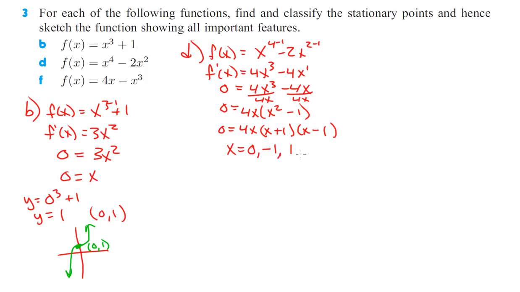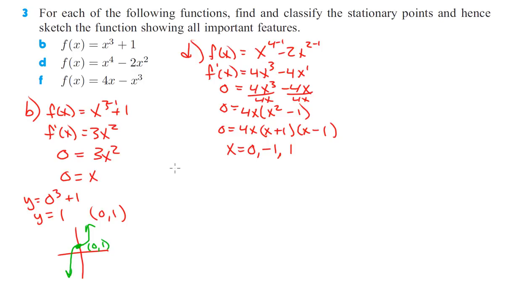And positive 1 minus 1 gives us 0. So now we've got three different points. What we have to do is plug all 3 of those points back into the original equation to find all the stationary points.